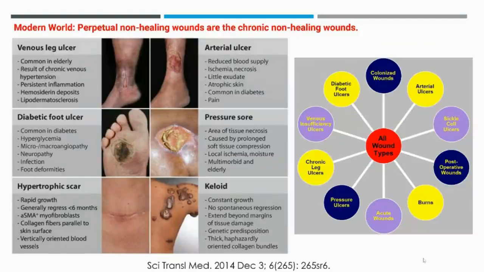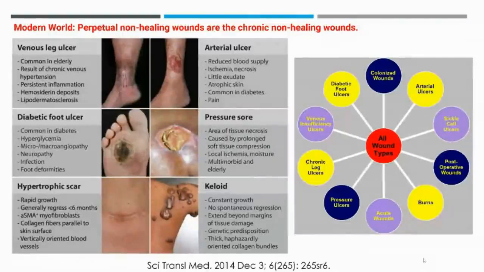And in the context of chronic non-healing wounds, there are wounds with multifaceted comorbidities. As you can see in the panel here, there are venous leg ulcers and arterial leg ulcers. So the vocabulary basically gives you a feel of what kind of pathology you are discussing. One is a venous pathology, the other one is an arterial pathology.